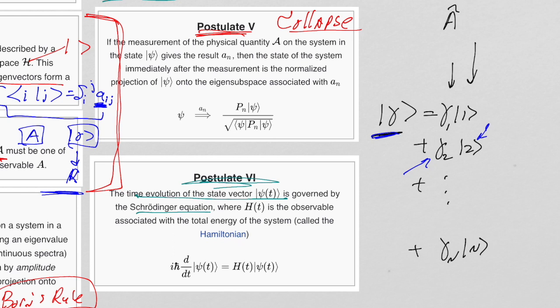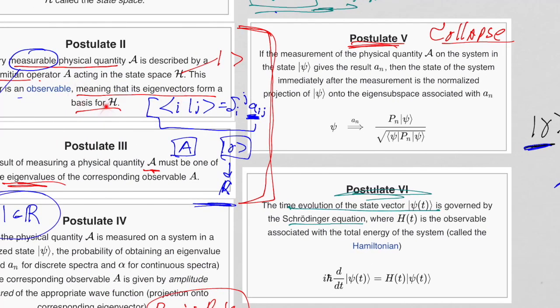And between the fact that you collapse to a state, measured with an eigenvalue, that tells you that every state can be represented. That's the next part of the postulate system, that every state can be broken up into these eigenstates. It's a basis. The eigenstates are a basis for H. So these three kind of bind together this whole principle.